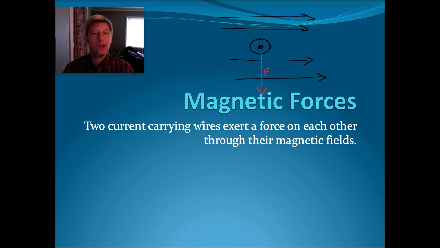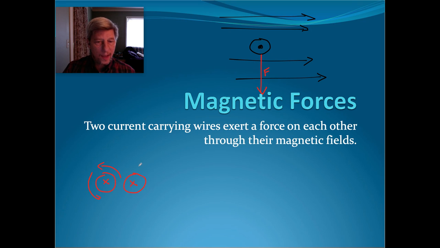Okay. Now, another interesting aspect. If you have two current carrying wires that are parallel to one another. And so here's one. Here's another. Remember the first left-hand rule, which says that the thumb points in the direction of the electron flow, and the fingers will curl around the wire, such as looking like this.